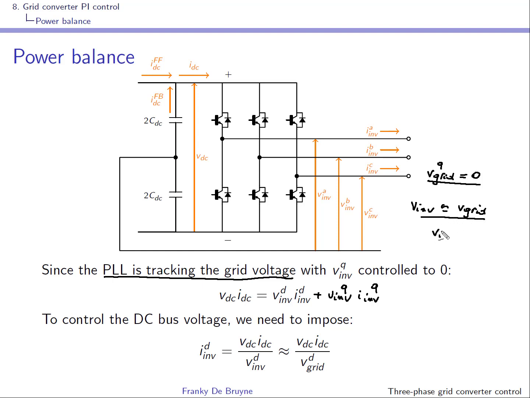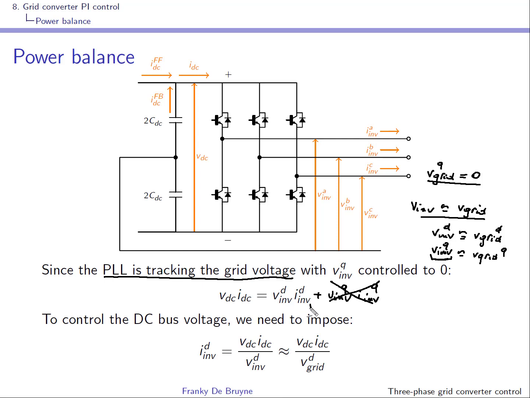So you can say that the Vinf D component is approximately equal to the D component of the grid. And you can say something similar for the Q component, right? If the Q component of the grid is controlled to 0, this means that this thing here will also be very small. So this is why we can forget about this term over here.